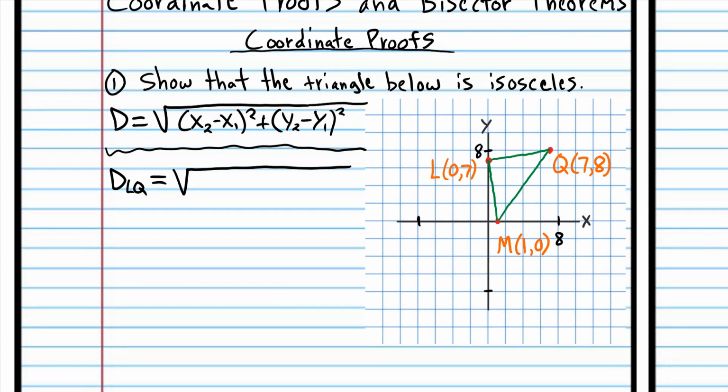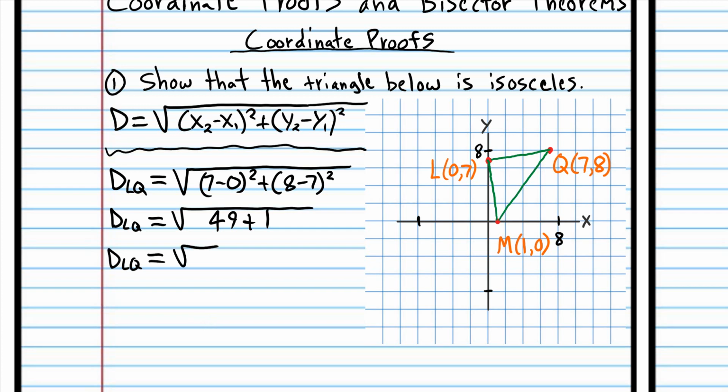So we have 7 minus 0 squared plus 8 minus 7 squared. And I'm just going to rush forward here because by now you should know how to do this. I don't need to show every step. And we have root 50. And if you want to pull out a perfect square, we have 5 times root 2.